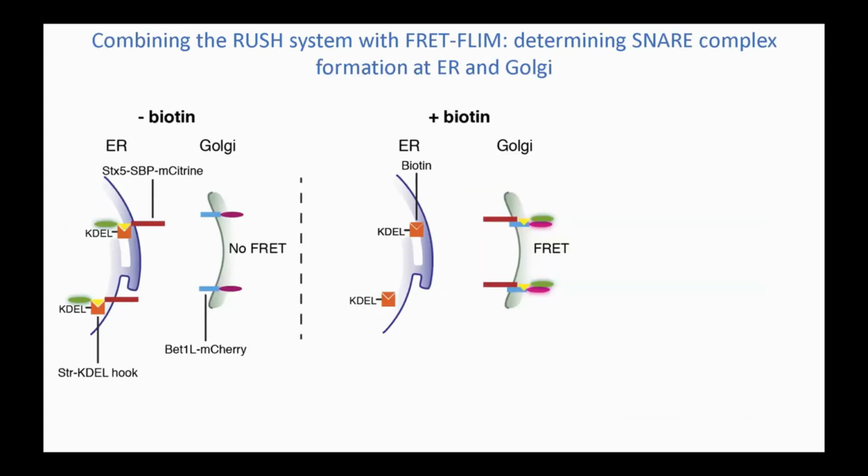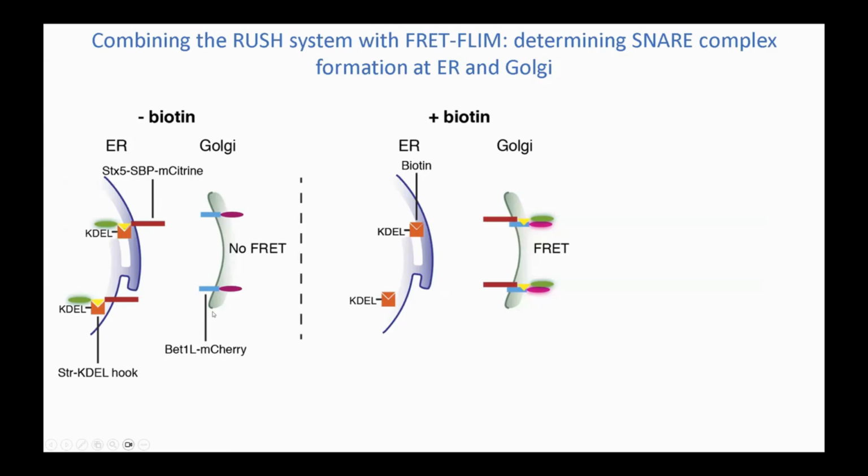Okay, so now let's increase the complexity. We now express a third protein, the acceptor SNARE. In this case, we just show you part of the data. We express BET1L fused to the acceptor fluorophore.